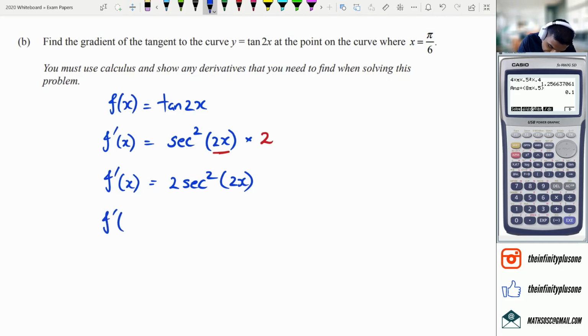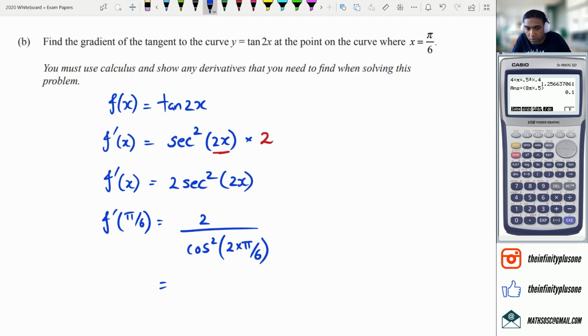So I've got to go f dash of pi over 6 is, now remember that your calculator can't actually do sec squared, so you've got to do cos squared. So this is going to be rewritten as 2 over cos squared of 2 times pi over 6. And we're going to try and figure out what this is. First things first, I want to make sure that my calculator is actually in radians in this case.